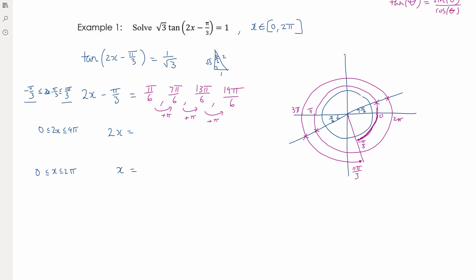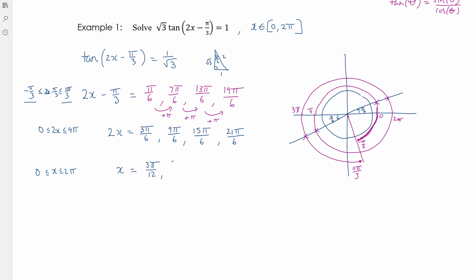We now want to add pi on 3. Pi on 3 is the same as 2 pi on 6. So we're going to do that. We're going to get 3 pi on 6, 9 pi on 6, 15 pi on 6, and 21 pi on 6. All of those will simplify. I think I'll just leave my simplifying to the end. I'm going to divide everything by 2, which will make my denominators 12.